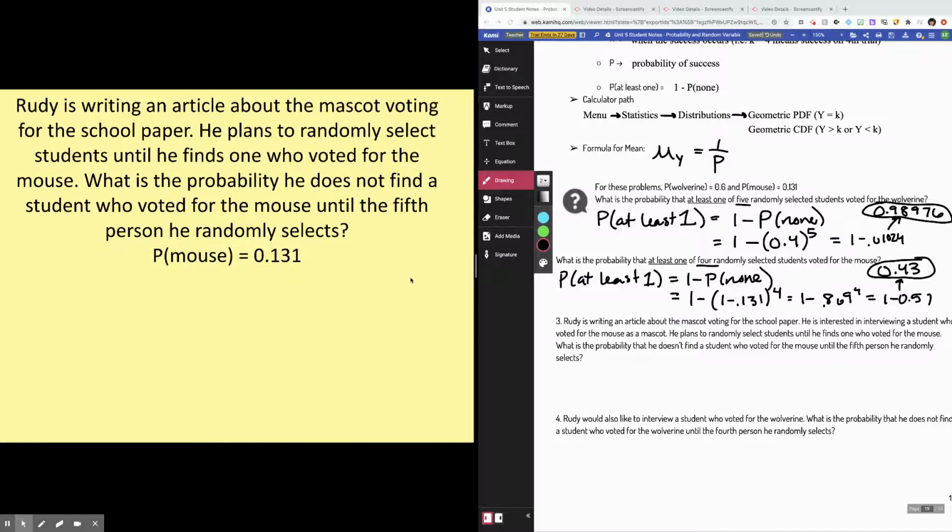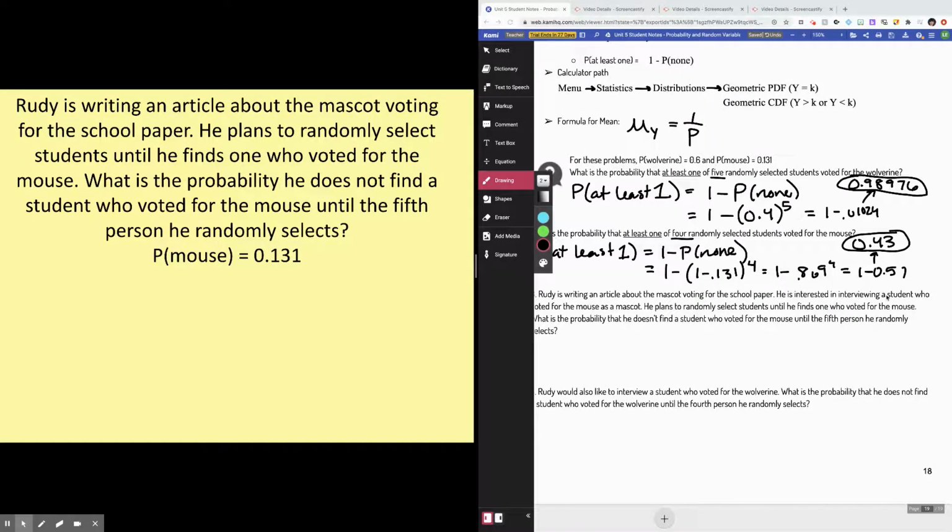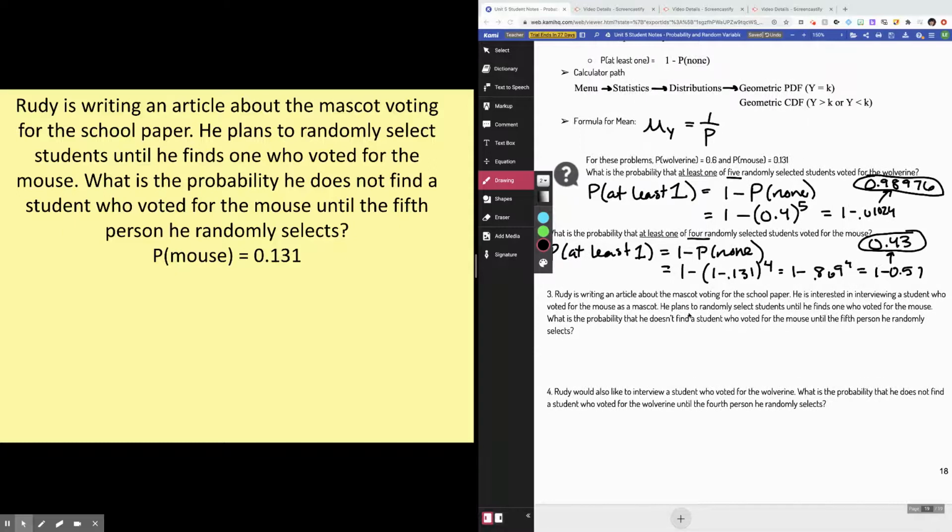All right. Then, last set of questions here. This person is writing an article. He wants to interview a student who voted for the mouse as the mascot. He's going to randomly select students until he finds one who voted for the mouse. So we're trying to find the probability that he doesn't find someone until the 5th person.